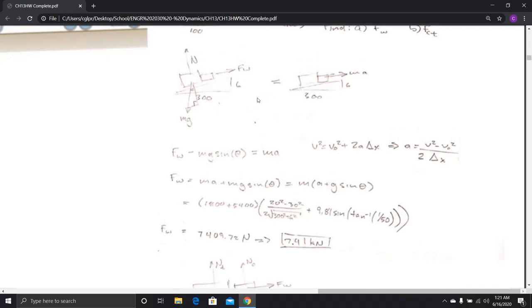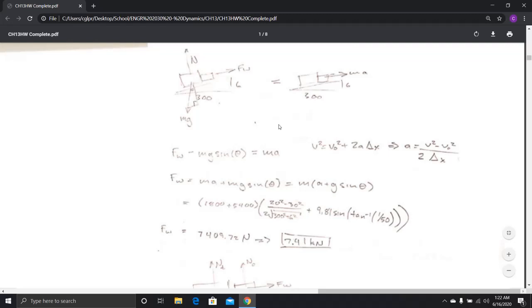By looking at the diagram, I can see that the force of the wheels minus the force of the weight in the x direction is going to be equal to mass times acceleration. When I look at this, I realize I have everything that I need to solve for the force of the wheels, except for acceleration.